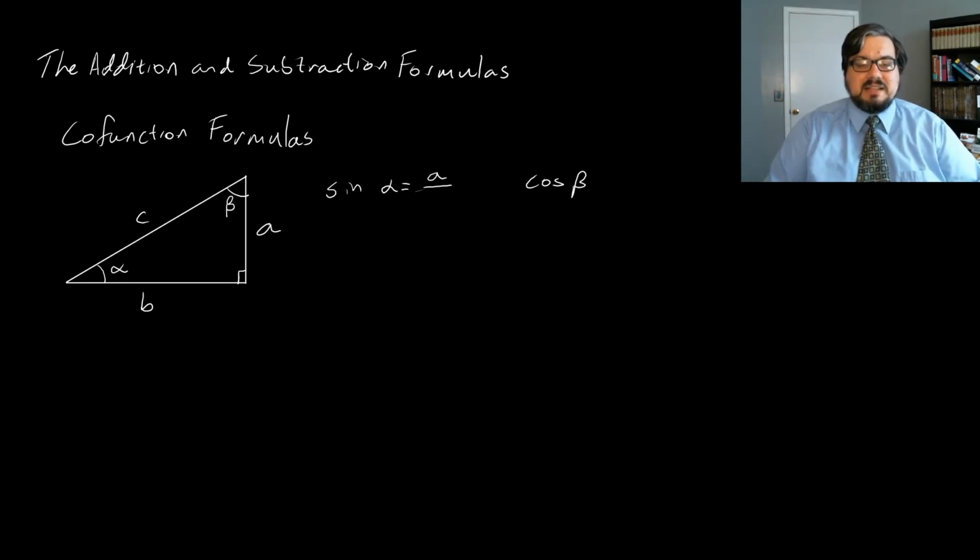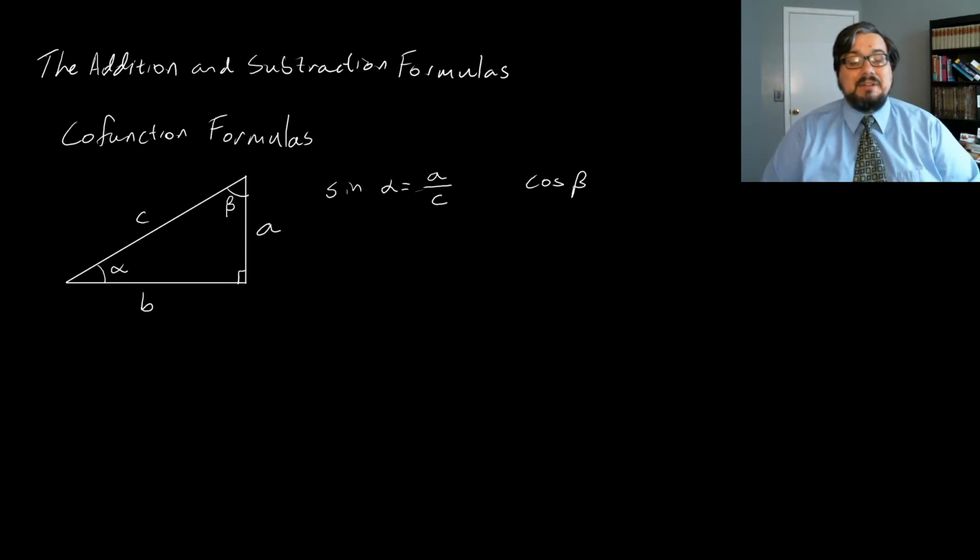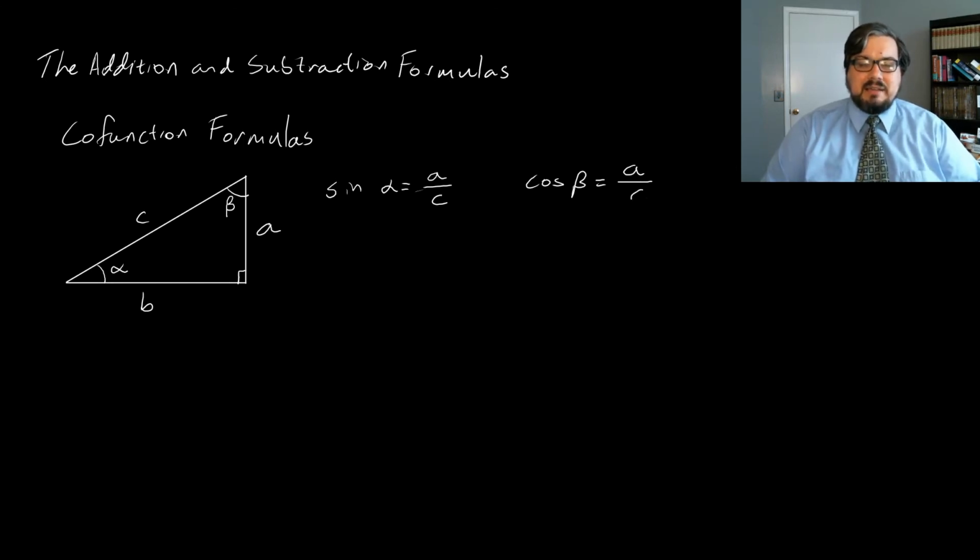The opposite side to alpha is C. The hypotenuse is A rather. The hypotenuse is C. Cosine of beta will be the adjacent to beta over the hypotenuse. The adjacent side to beta has length A, and the hypotenuse has length C. In particular, you'll notice that these give the same value. Sine of alpha and cosine of beta give the same thing.